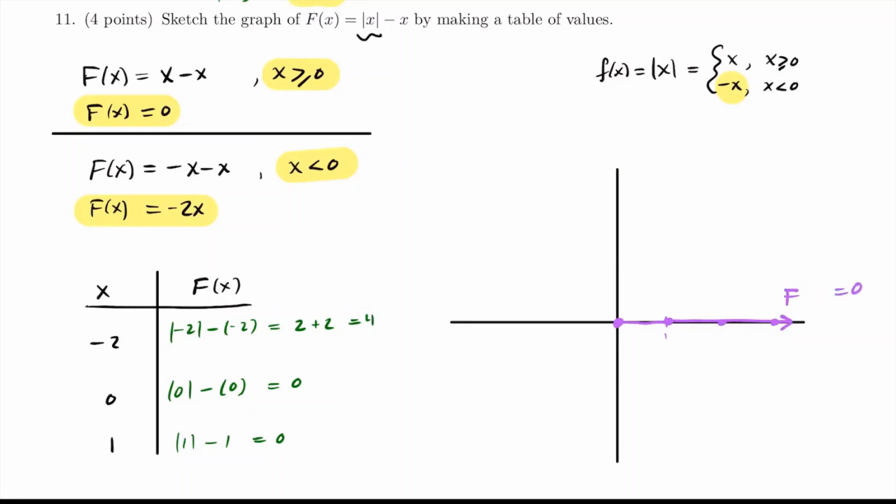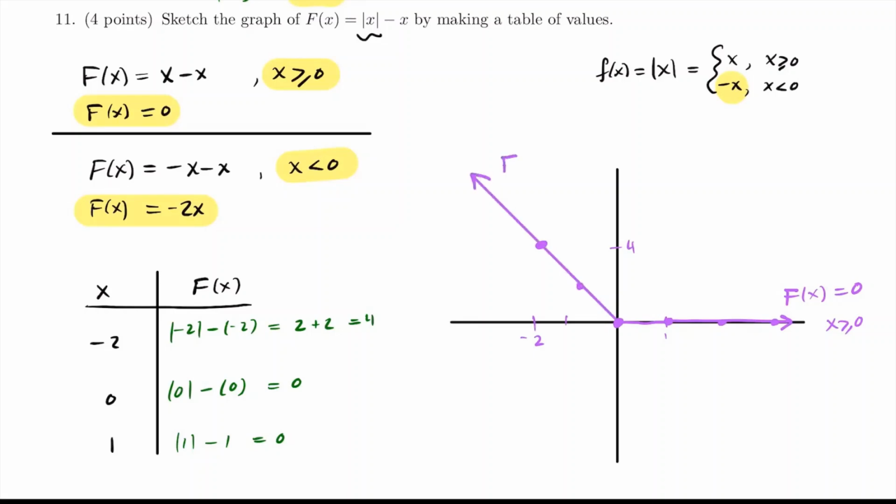And that's the interval when x is greater than or equal to 0. Now, when x is less than 0, when x is negative 2, we get 4. So suppose it's right here. And then when x is perhaps negative 1, it's going to be down here and so forth. So this will be the line for the other half.